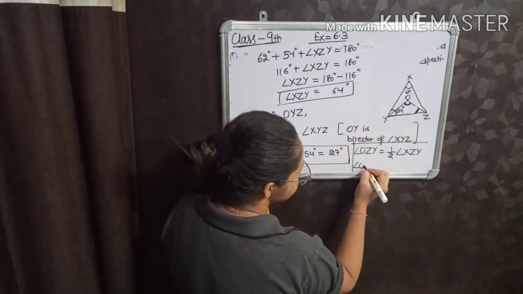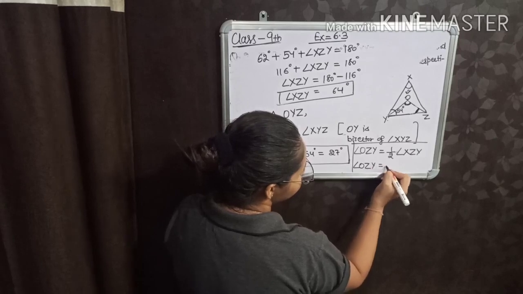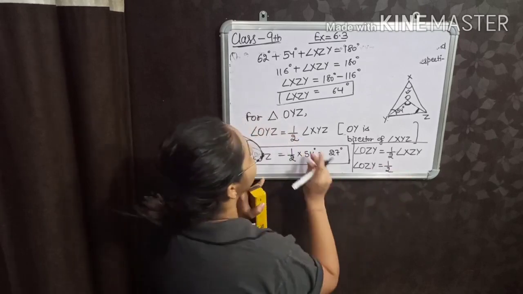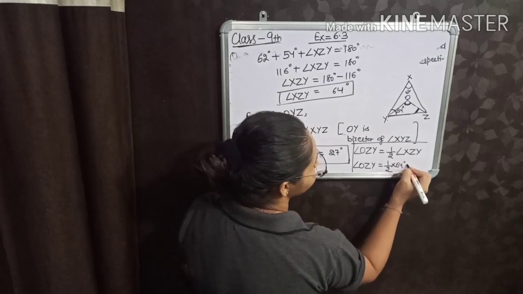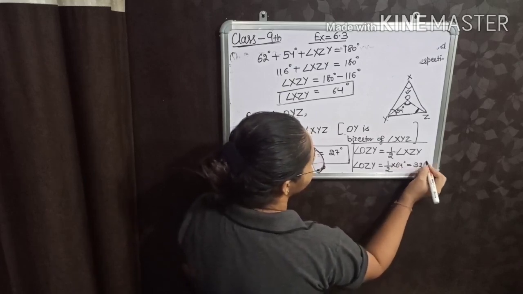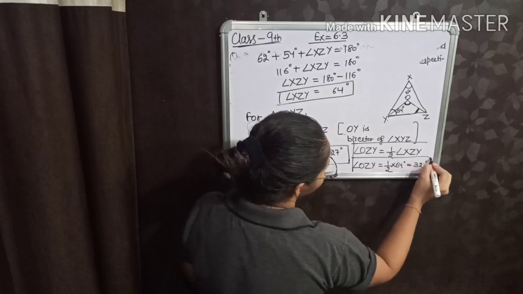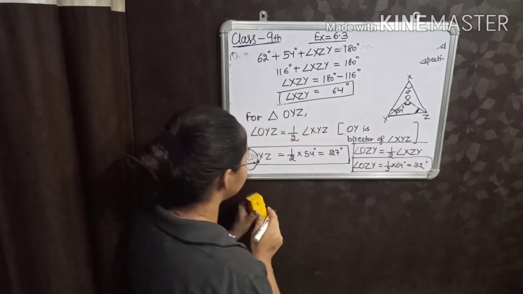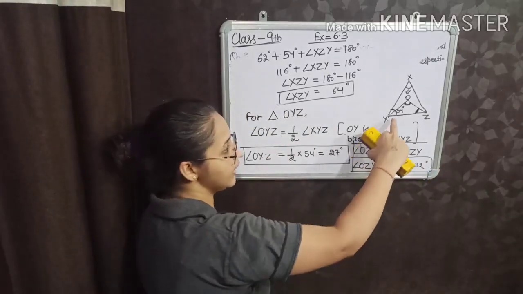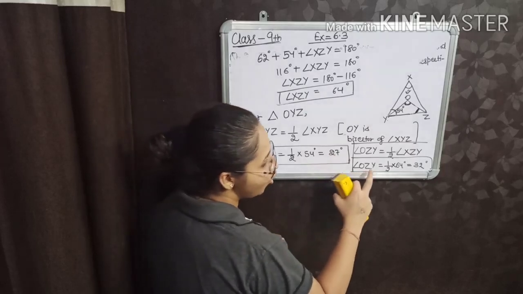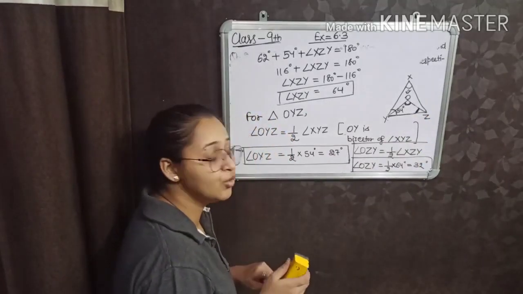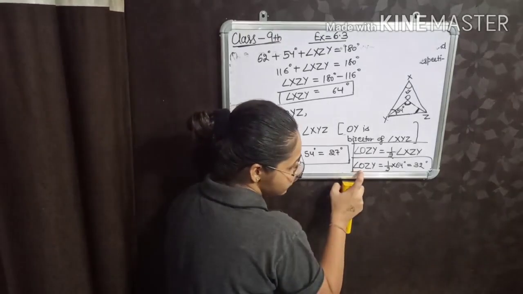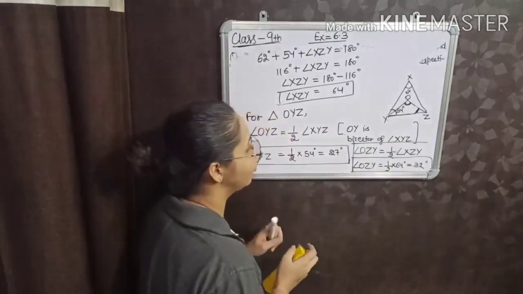Now OZY is equal to 1 by 2 and angle XZY, this is 64 degree, and it will give you 32 degree. Now you have two values. First is angle OYZ, the smaller angle, that is 27 degree. OZY is 32 degree and the question was you have to find the value of angle OZY. So OZY is 32 degree.